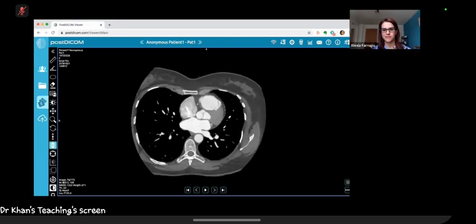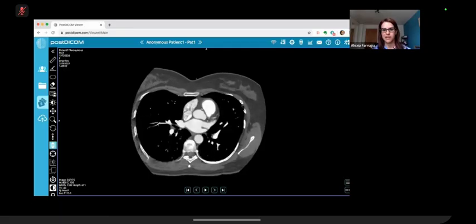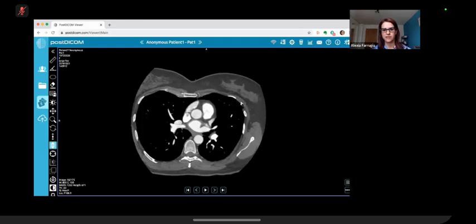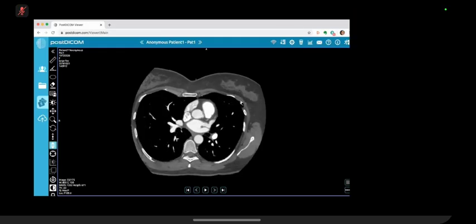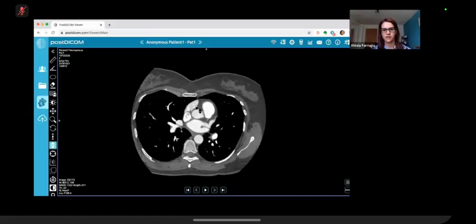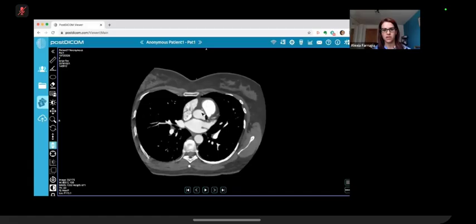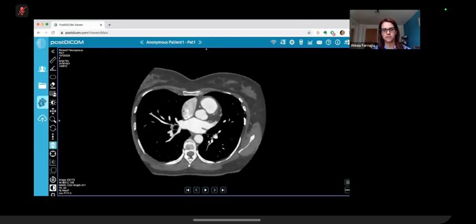Yes, well done. So the right coronary artery is arising from the left coronary cusp or sinus of Valsalva there. And then it's coursing, as you said, between the ascending aorta and the pulmonary trunk. So that's a malignant course.